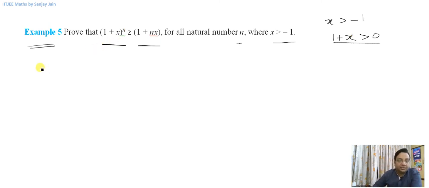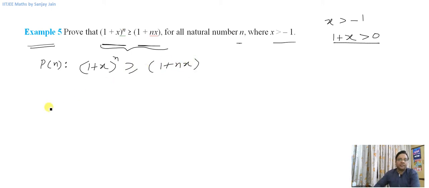Alright, let us start. So assume this statement to be Pn, and we need to prove this statement: 1 plus x raised to power n greater than or equal to 1 plus nx. First, n equal to 1. We need to prove p of 1 to be true.